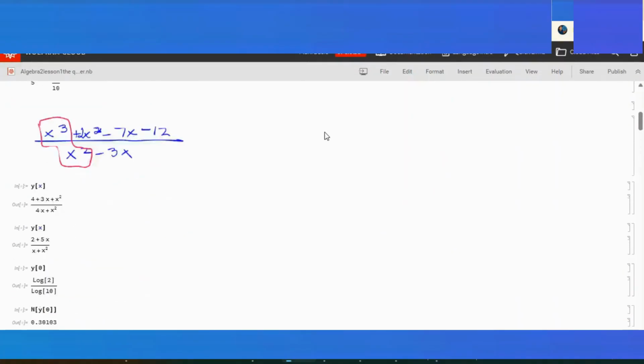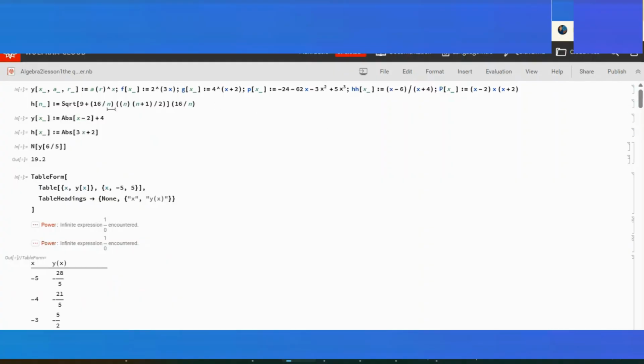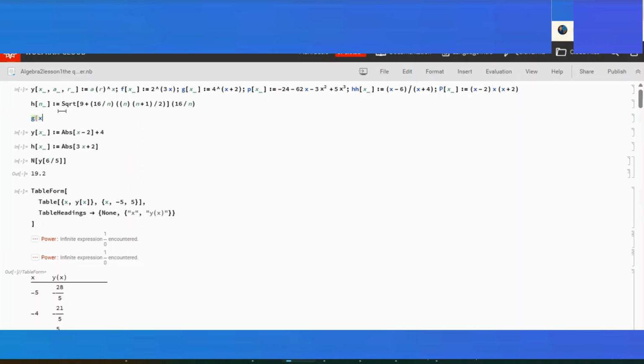Let's go ahead and define a function. Let's see, h of x. Let's do g of x maybe. What we have here, we're just going to put in x plus 1 divided by x squared. And just to make sure that it's typed in right.